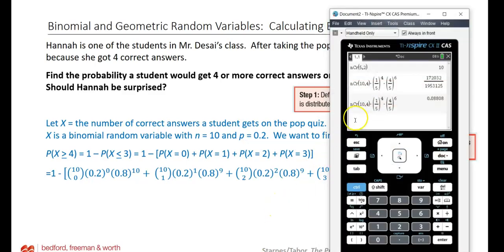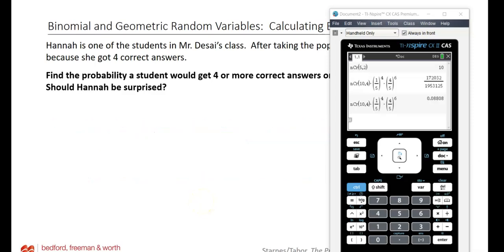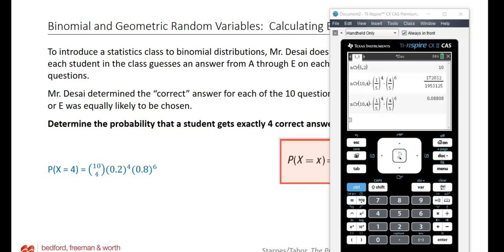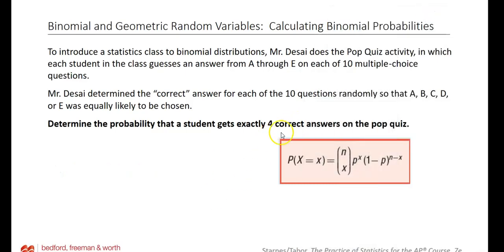There's a shortcut. So first I'm going to go back to the first question. Let's answer this one. So remember this one, the probability of getting exactly 4. We did it by hand, using the binomial theorem. There's actually a calculator command I never told you about in Algebra 2. It's pretty cool.